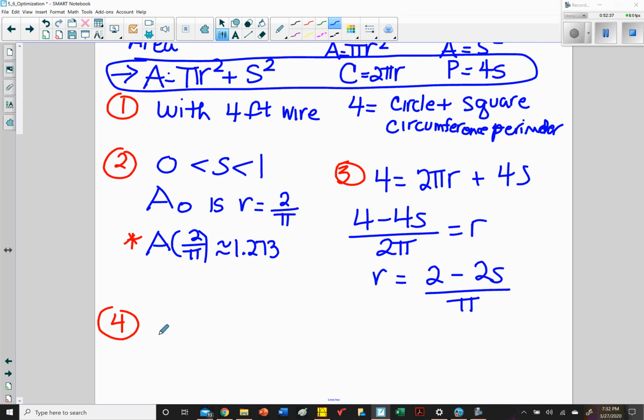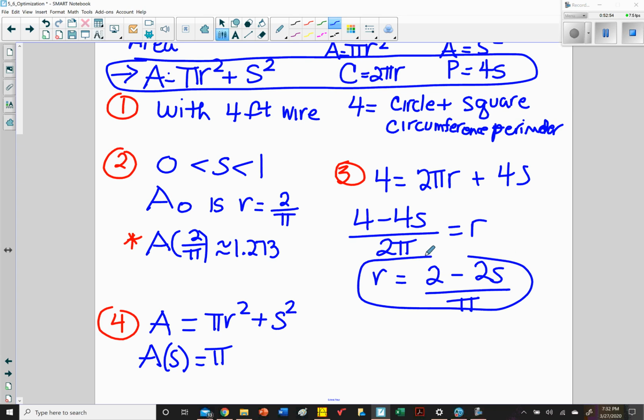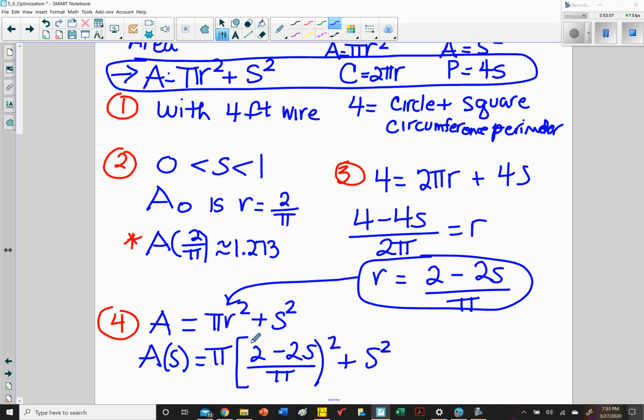So here we go. We're going to look for an area in terms of the side. So we have pi r squared plus s squared. And area in terms of the side is going to be pi, this is my substitute, r, 2 minus 2s divided by pi, squared, plus side squared.